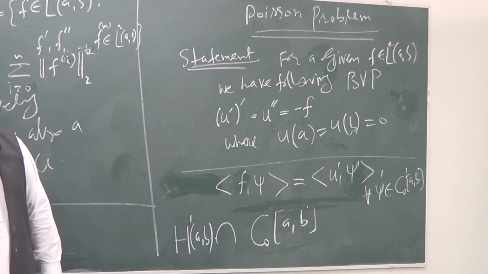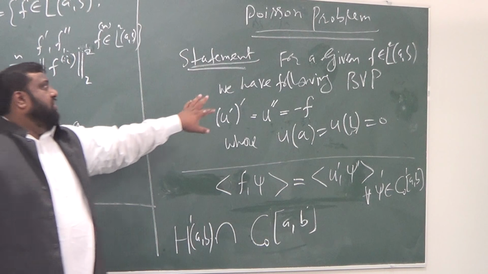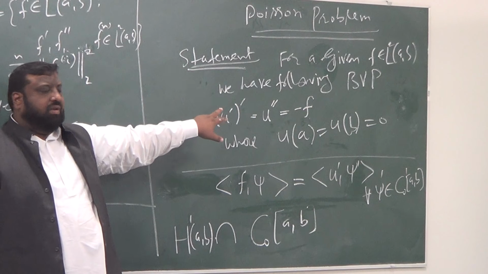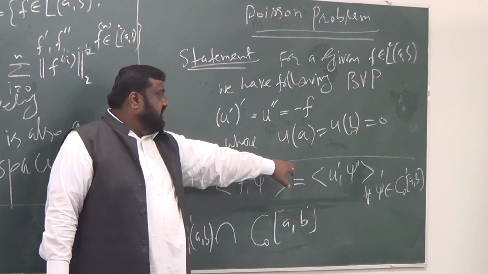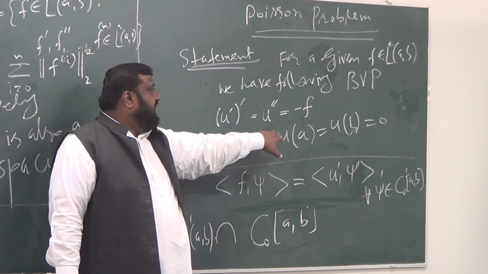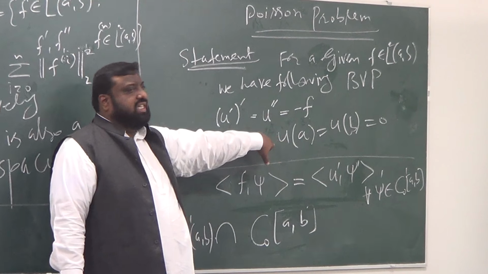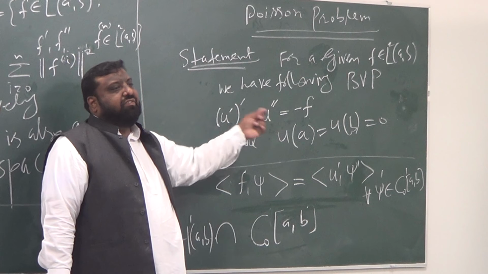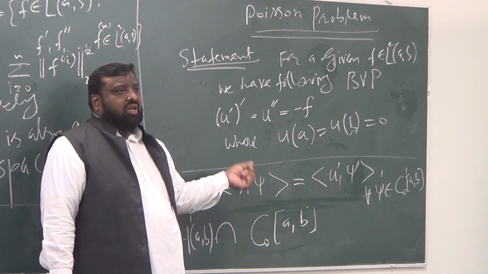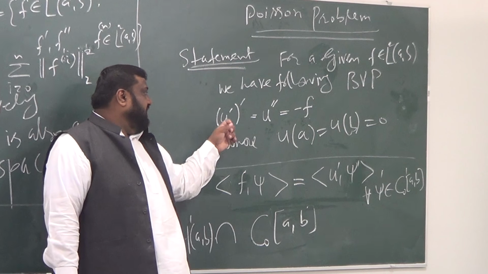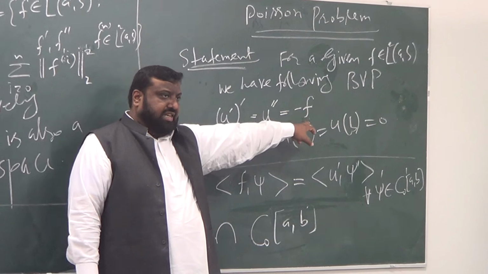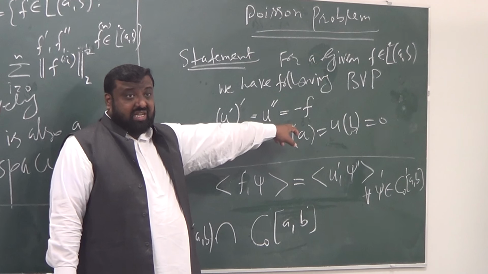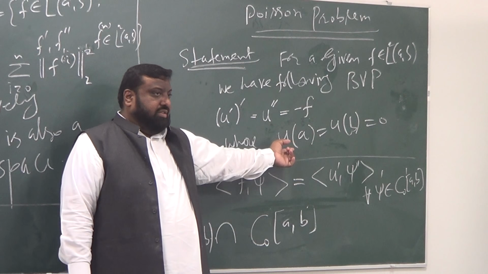Okay. So again, we want the Poisson problem which satisfies this equation and the boundary conditions. When I'm saying that I want to solve this in the weak sense, I mean a function u whose weak derivative of the weak derivative is minus f, in the weak sense, and that satisfies this boundary condition.